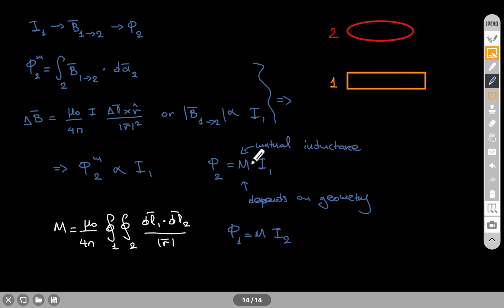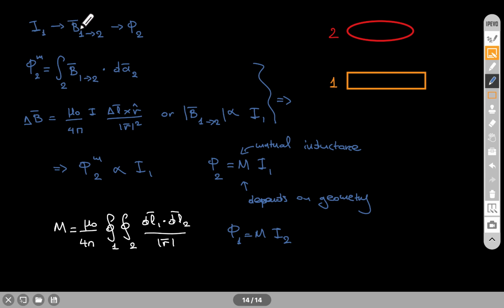And if you know the mutual inductance, this allows you to go more easily from the current in one loop to the flux in the other loop. If you remember, when we work on problems with Faraday's law, we have to follow a fairly long thinking process from the current.